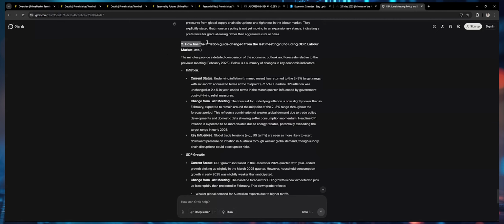Now, second, how has the inflation outlook changed from the last meeting, including GDP, labor market, etc.? So the minutes provided a detailed comparison of the economic outlook and forecast relative to the previous meeting. Below is a summary of changes in the key economic indicators. There were changes, and that's really good already.